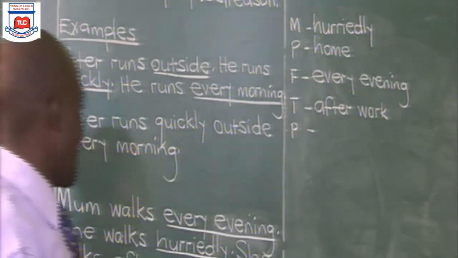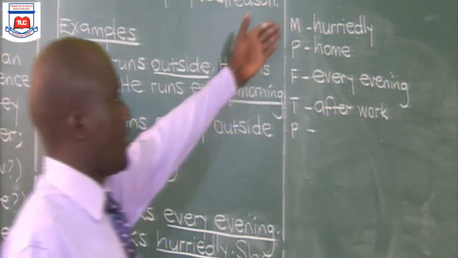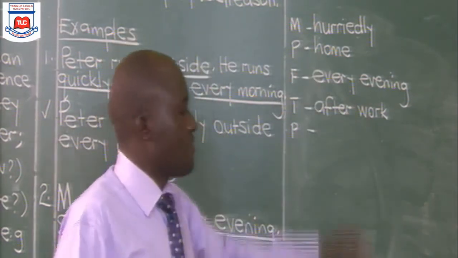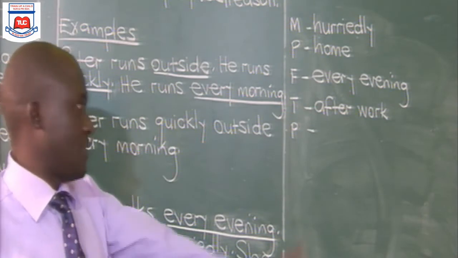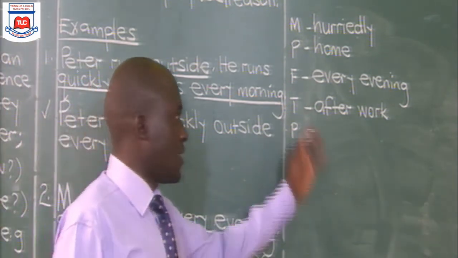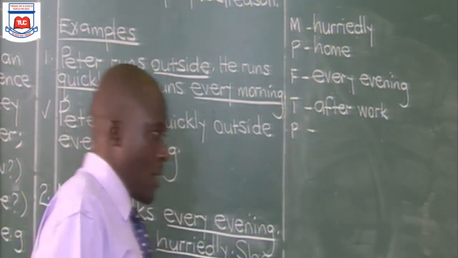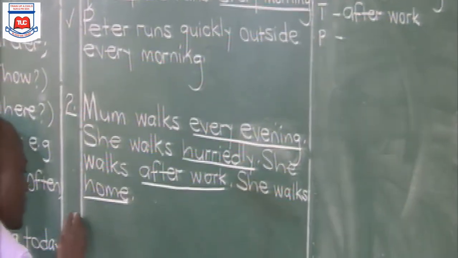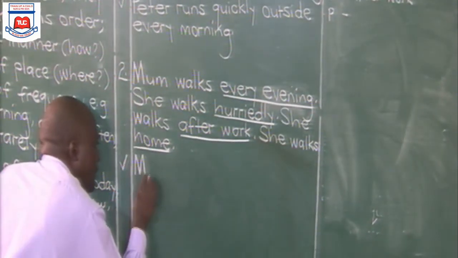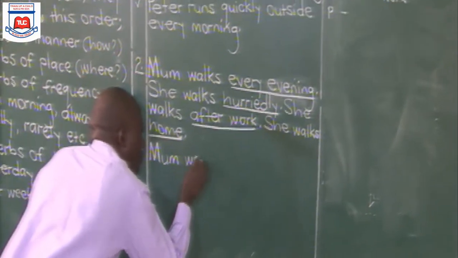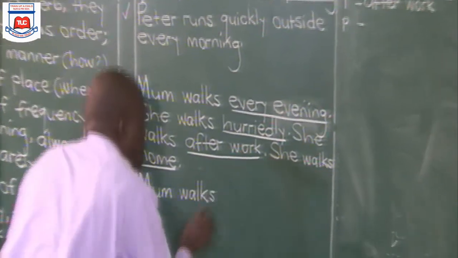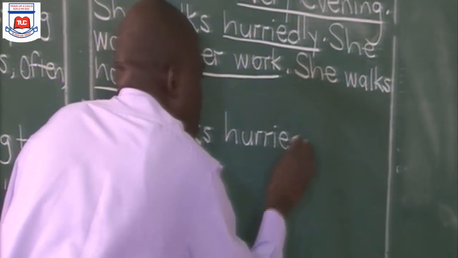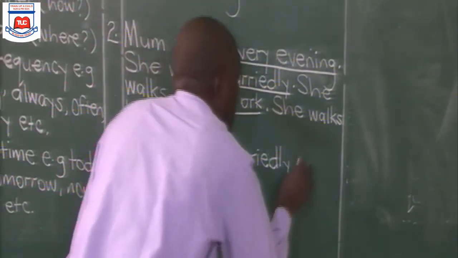So what is the correct order? Hurriedly is an adverb of manner. Home is an adverb of place. Every evening is the frequency. How often does she walk home? Every evening. Then the time is after work. So the correct order is: Mom walks hurriedly. Where?